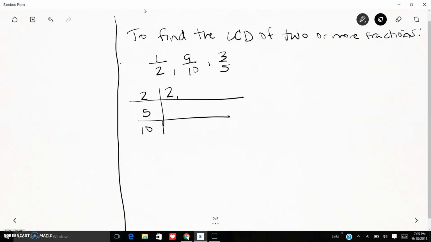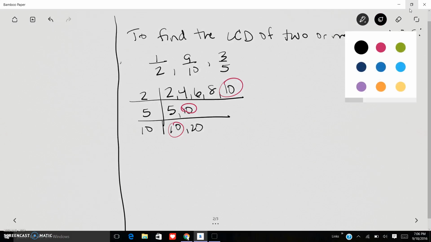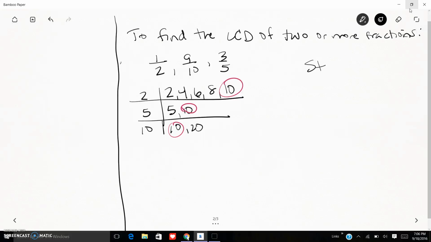So 2 times 1 is 2, 2 times 2 is 4, 2 times 3 is 6, 8, 10. I can probably stop there because I see 10 is already here. Multiples of 5, 5, 10. Oh, I have another 10. 10 times 1 is 10. 10 times 2 is 20. Okay, so I do have least common multiple is 10. So step 1, list multiples.